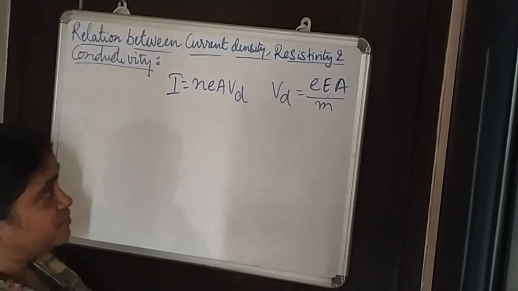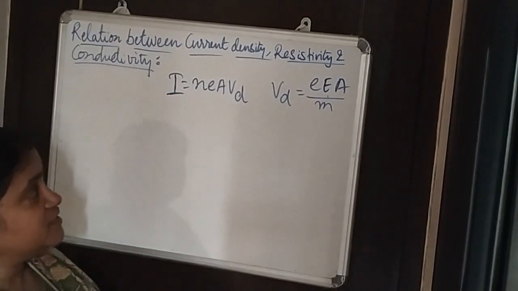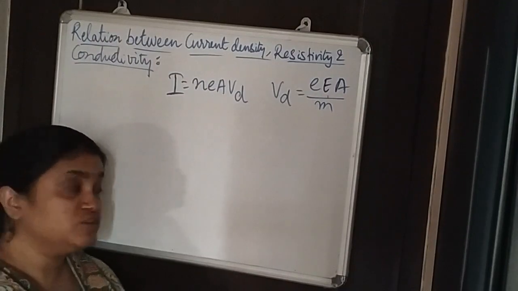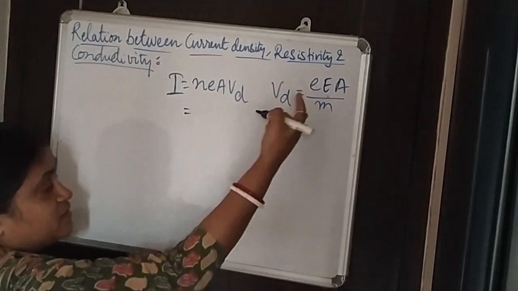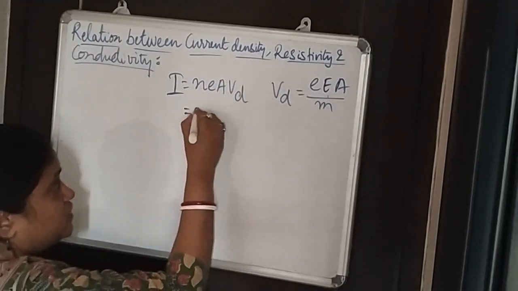Now as we take the current expression, current is n e A into V_d, which is the relation between current as well as drift velocity, and now I am applying this drift velocity expression into it.